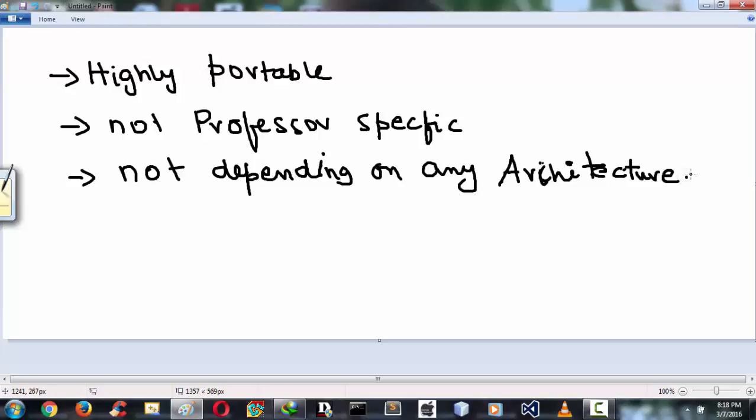So they began developing the C language back in 1969. They kept all these goals and started developing C from 1969.